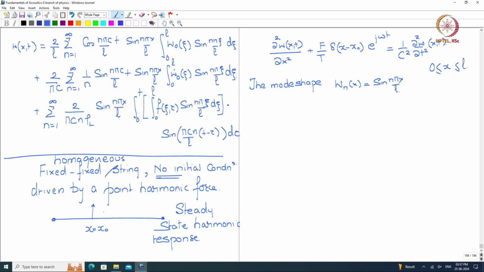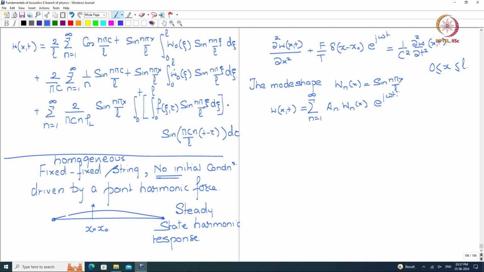Because it satisfies the homogeneous condition on both ends. And then we assume that the displacement can be expanded in terms of these modes as a weighted sum. So we have a n w n of x e to the power j omega t, because the forcing is harmonic.